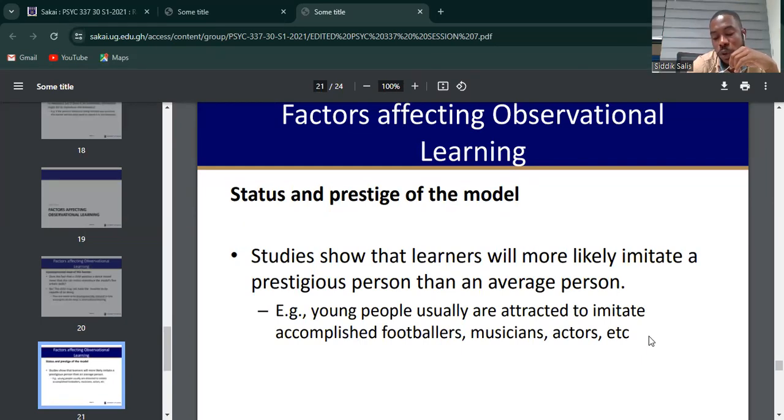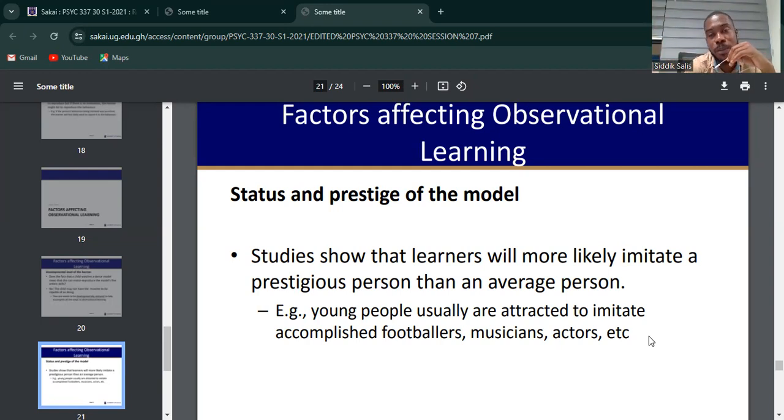Those who were course reps when they came to level 100 were looking up to those in level 400, the politicians, the SRC presidents and the speakers. Now they are almost in level 400, so those people will not be of much concern to them anymore. When you complete school, those you were looking at before, you expect them to climb higher. If not, you'll be looking at someone else higher.